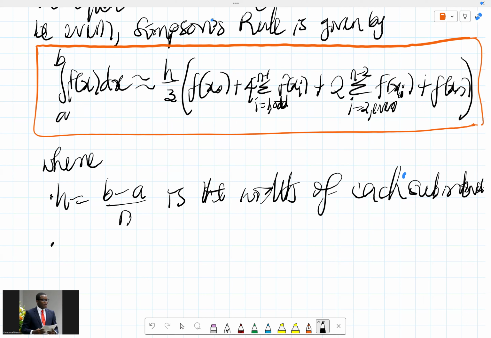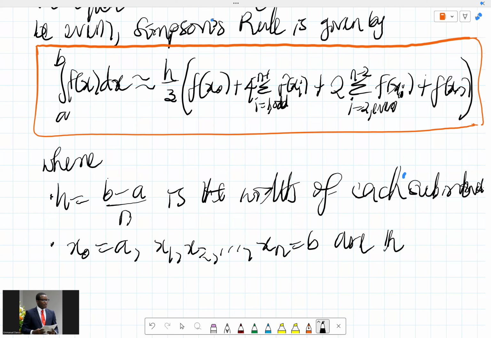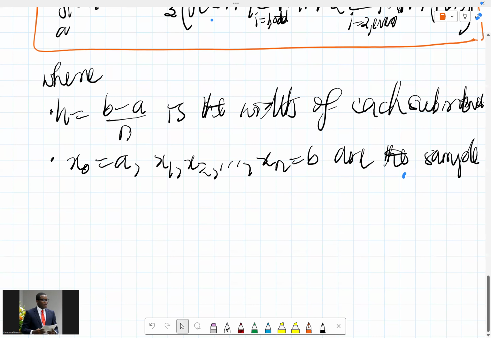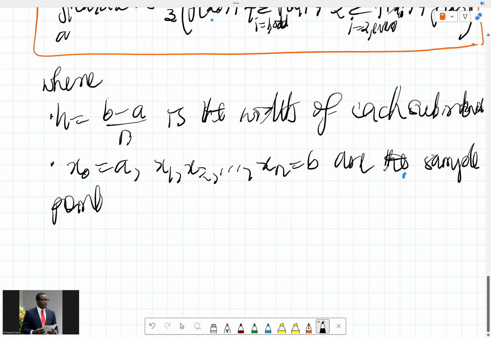Then you have x naught, which is actually a, and all the others, x1, x2, and so on up to xn, which is equal to b. These are the sample points.